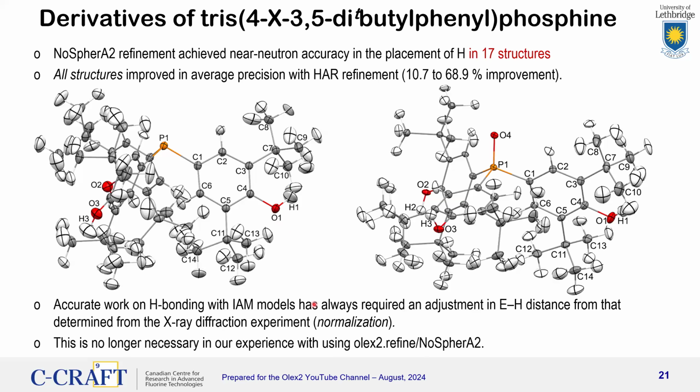And what you have to recognize is that all previous work of the IAM model for determining hydrogen bonding parameters required an adjustment, an artificial repositioning of the AH distances, because they are wrong from the independent atom model. This normalization procedure is always undertaken, but with NoSpherA2 it simply becomes unnecessary, and all the structures improved in precision.